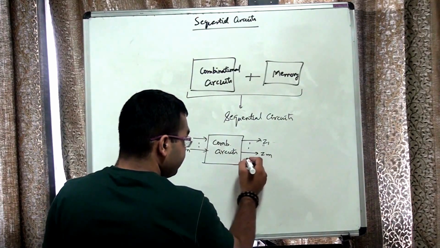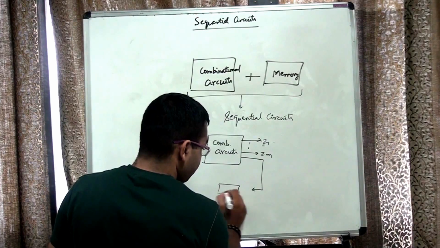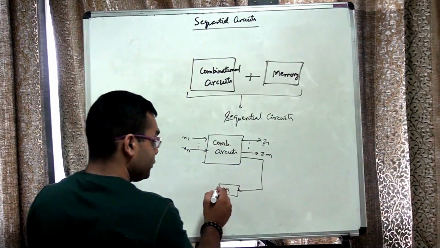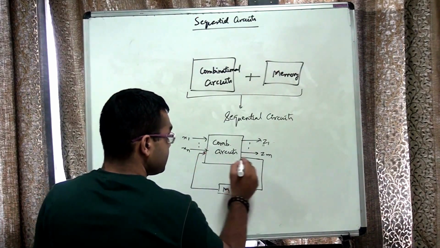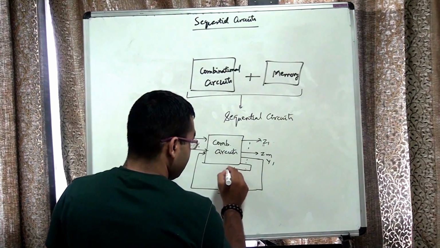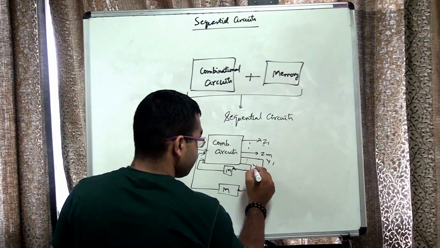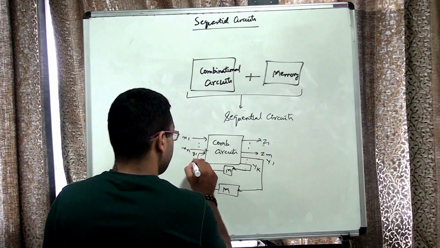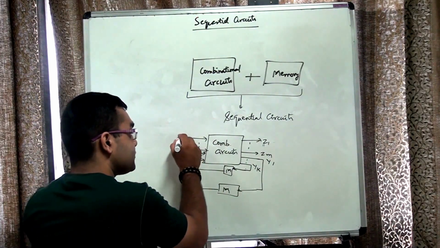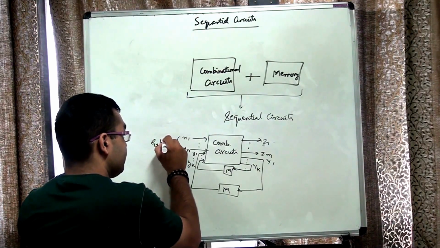Now out of these we actually have some k inputs where we add this memory element, and this is how it goes. So we have capital Y1 and so on up till Yk, then our memory element. Now the basic idea is that these x1 to xn we call our external inputs.